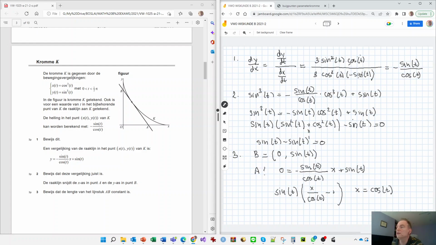Also, the sine of t can be 0, which happens when t equals 0. Let me see if that's a special case that we have to include.